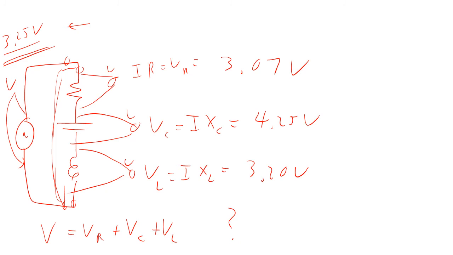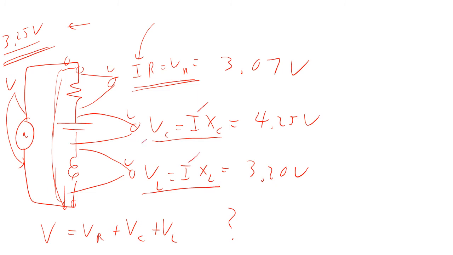Think back to phasors. If you look at the phasor diagram, remember that the voltage on the resistor is in sync with the current, but the voltage on the capacitor and the voltage on the inductor are out of phase with the current.